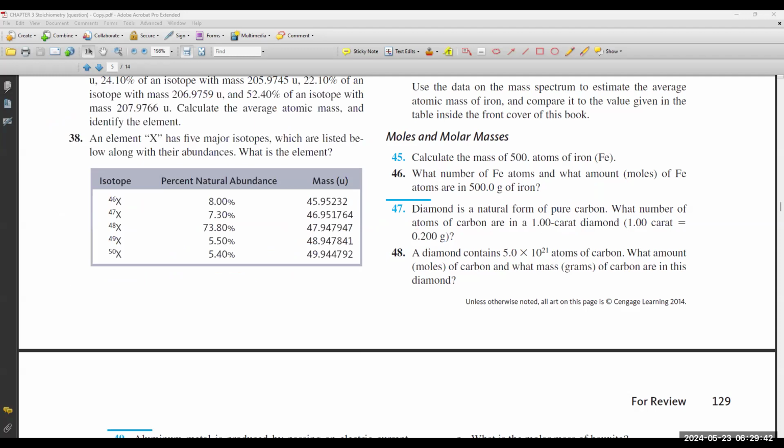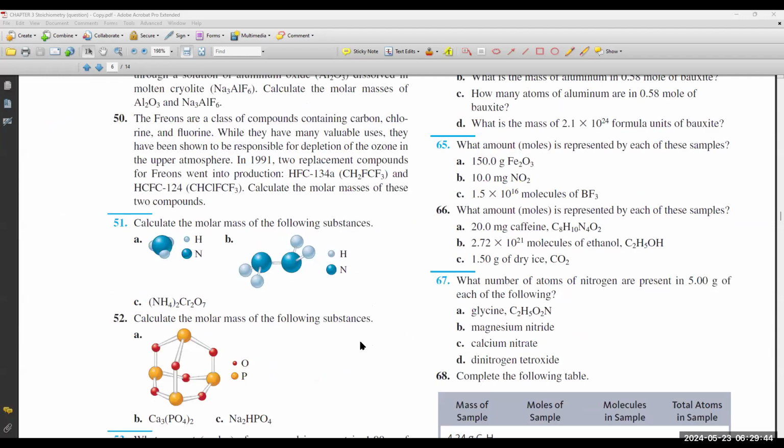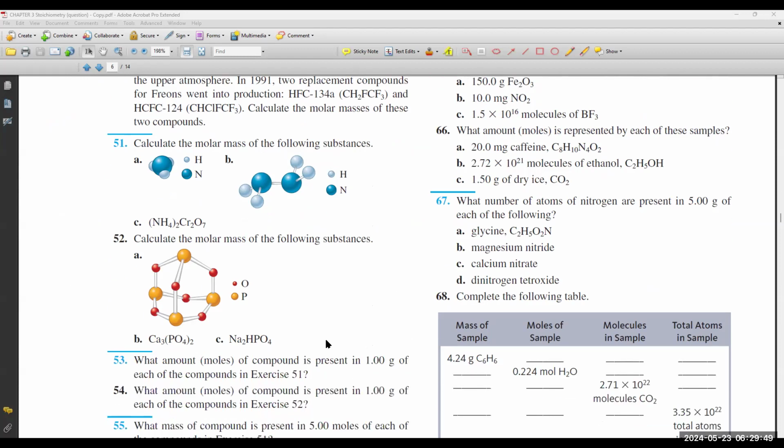Okay. So that's about how to convert moles, grams, number, how to calculate the molar masses. The molar masses, like for example, 51, look at this structure. Can you give me the formula of this molecule? NH3. So in NH3, how many nitrogen atom is there?